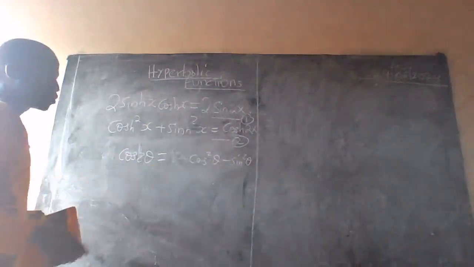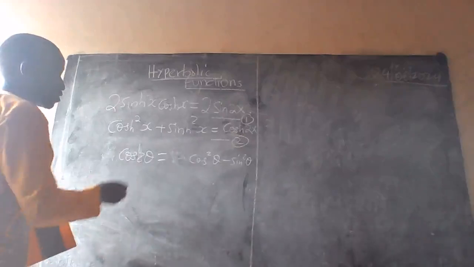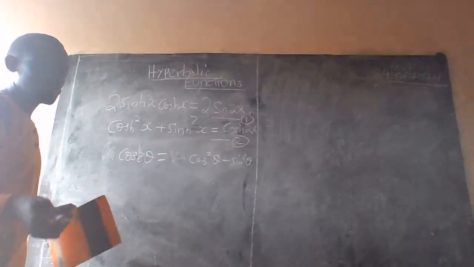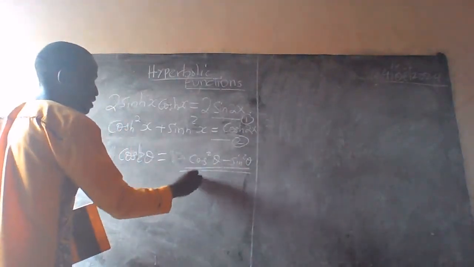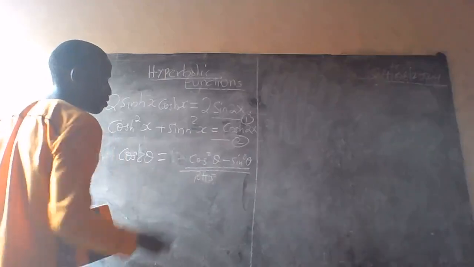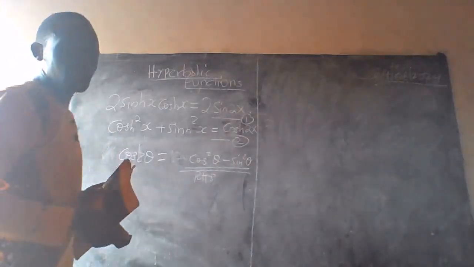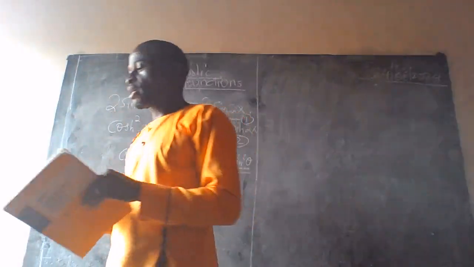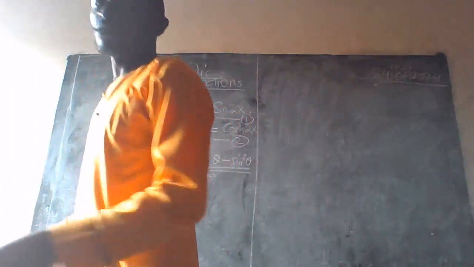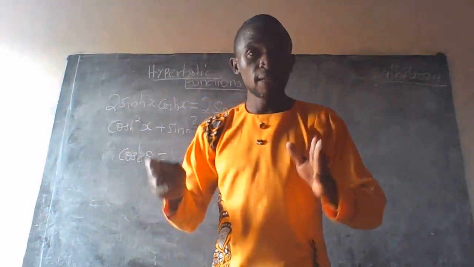But does it actually hold in hyperbolic functions? That's what we need to prove. We want to see whether the left hand side conforms with the right hand side. In this case, we're looking at the hyperbolic functions.